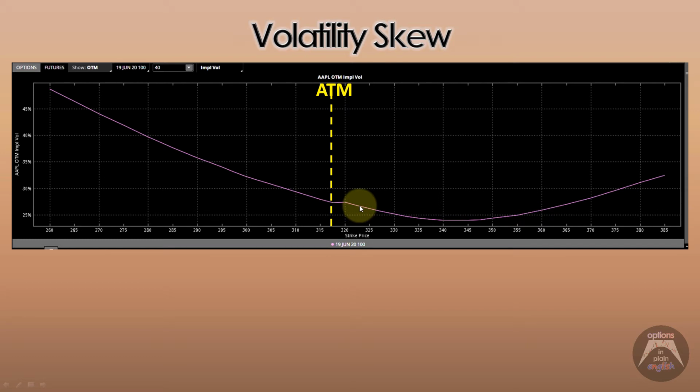But the overall pattern is that from the at-the-money, the lower strike prices have a higher implied volatility, and the ones that are higher have a lower implied volatility.